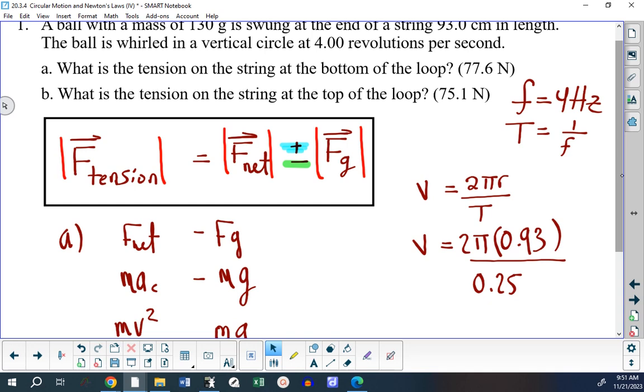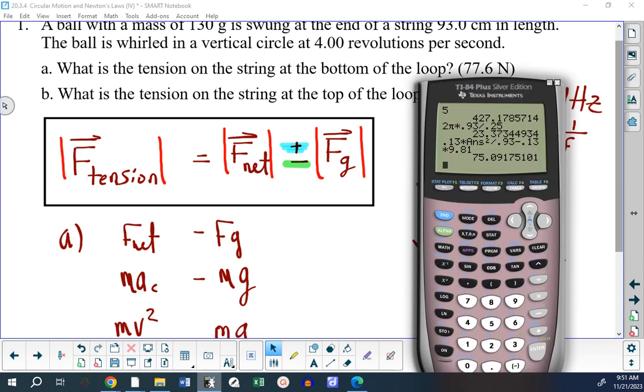The reason, I don't know if it's worth talking about, but why not? We're here. The reason why these two are very similar is I don't believe the force of gravity is very large here compared to mv squared over r. Like, mv squared over r is 0.13 multiplied by 23.37 squared divided by 0.93.